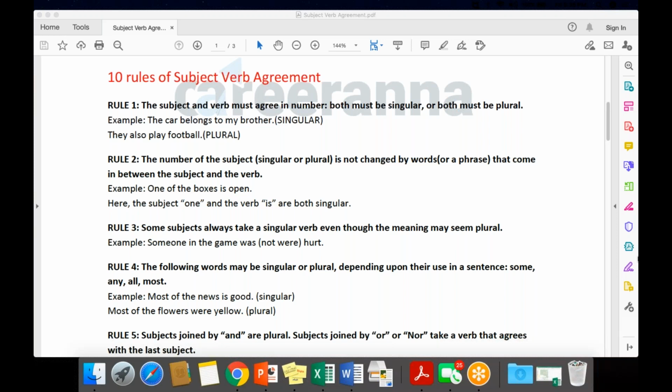Same is the case with many. So each of the news anyway has to be singular, because news is also singular and each is also singular.